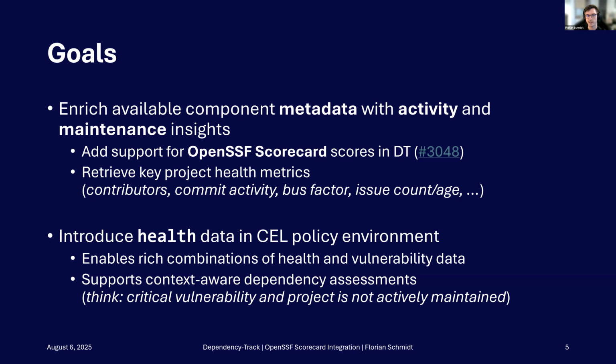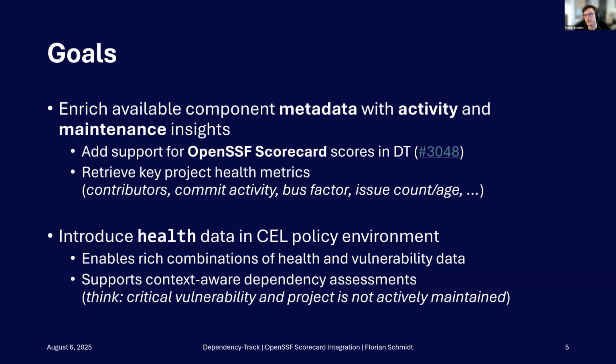So looking at things like contributor count and the commit activity in these repositories, the bus factor, so to speak, so the number of contributors that are crucial to that project, or things like issue count and age. So how old is an issue on average? How long does it lie around in a repository before being closed? All of these things that can serve to contextualize the project's health and development activity.